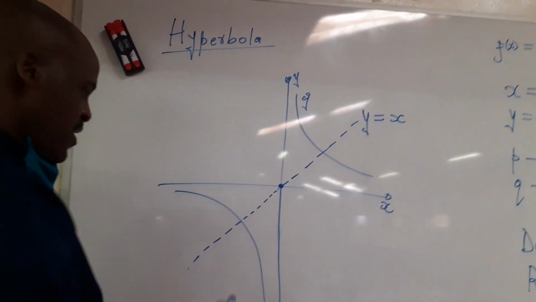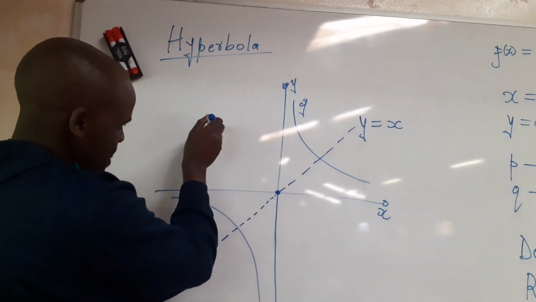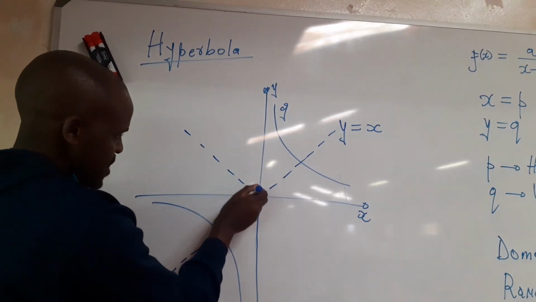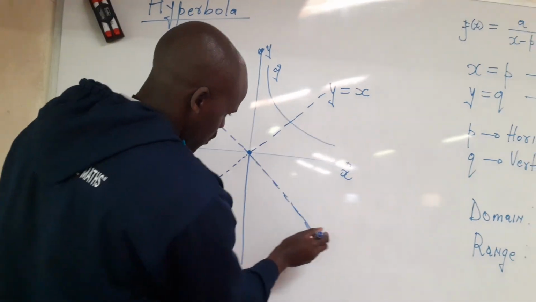Remember, this is a reflection of that. You can also divide this graph like that. We are passing through the origin, going down.